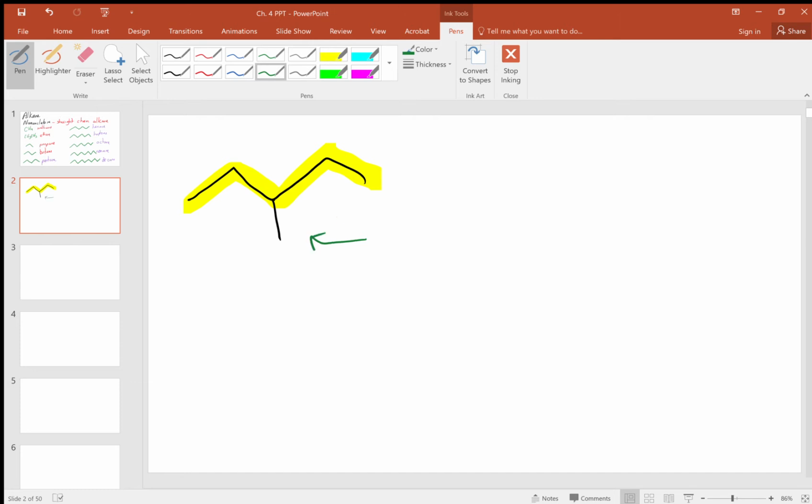Something that comes off the parent chain is known as a substituent, and so we also have to name that. So how many carbons are in this substituent? The answer here is just 1. It's a common mistake to say 2, and that's because we've referred to that carbon, but that carbon is not part of the substituent because it's already part of the parent chain. So there's only 1 carbon in the group that's not part of the parent chain.